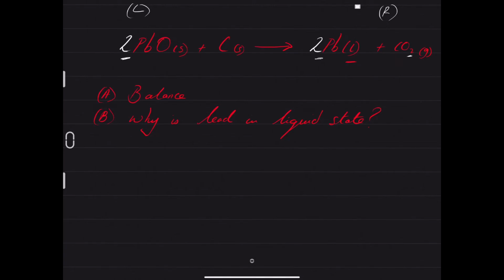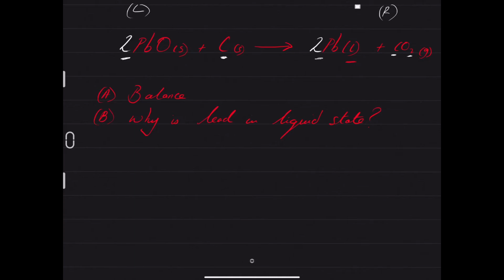We have 1 carbon on the left hand side and 1 carbon on the right hand side. It was my mistake, sorry. So this equation is balanced now.